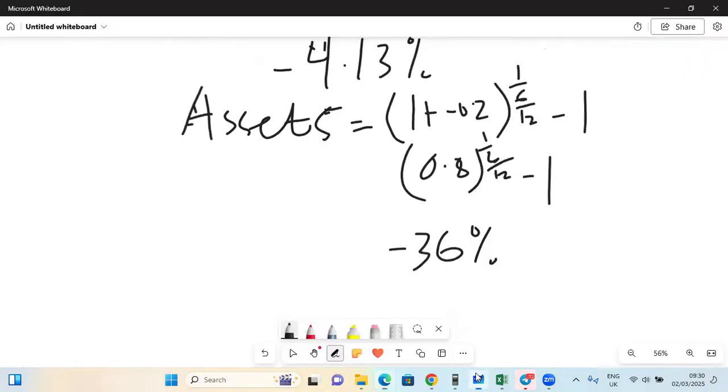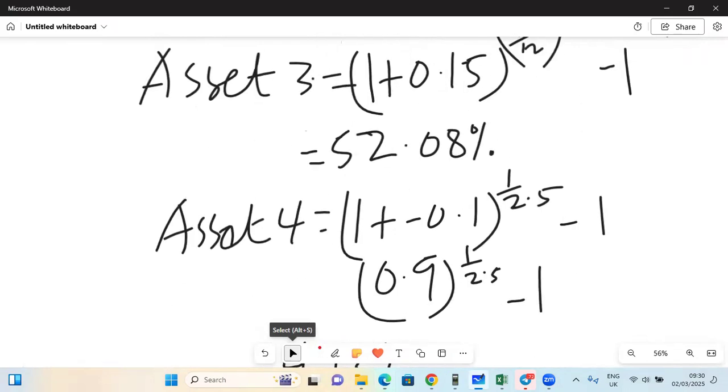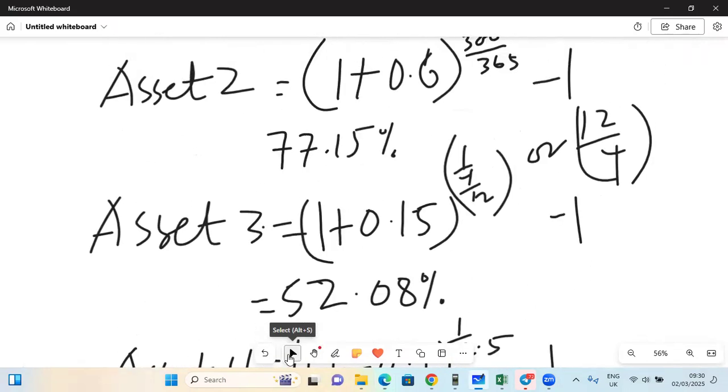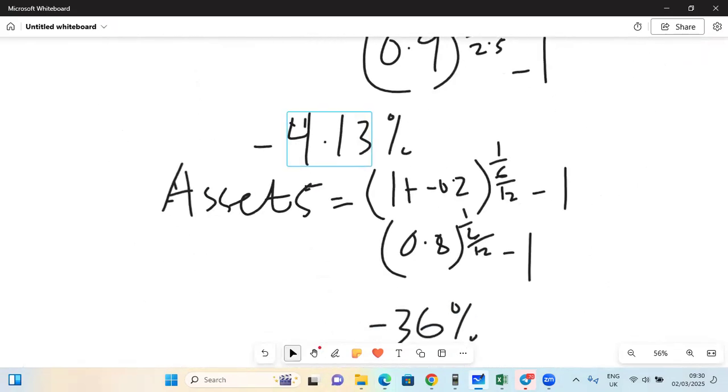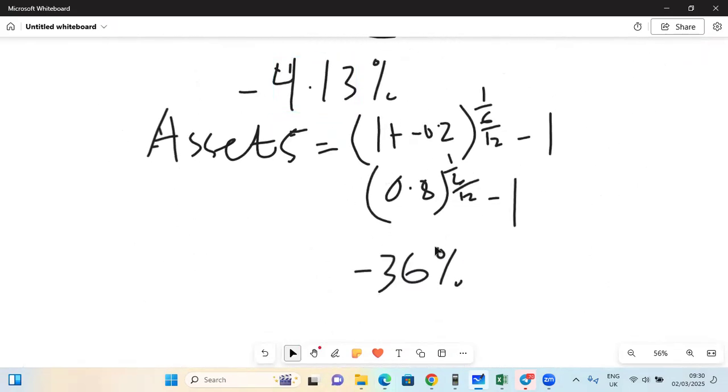So the best investment here is the one that has the highest annualized holding period. The best investment was asset 2. It has the highest annualized holding period. Then the worst one is asset 5. It had negative 36%. So that's what you are going to state there.